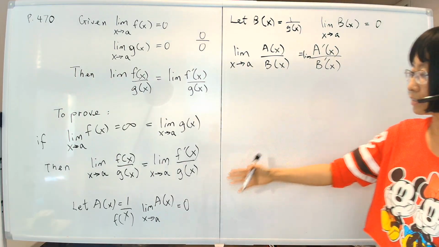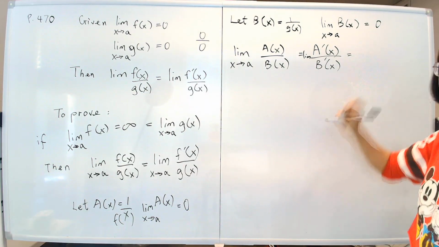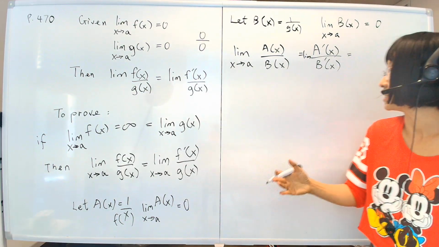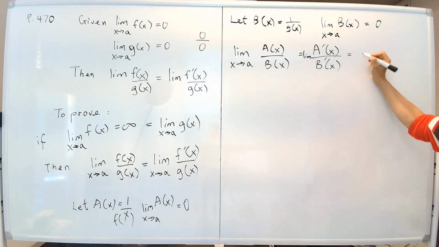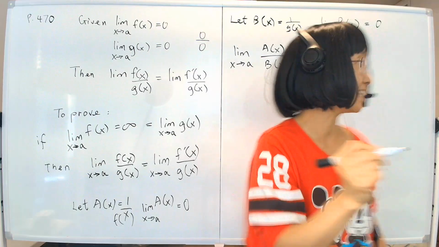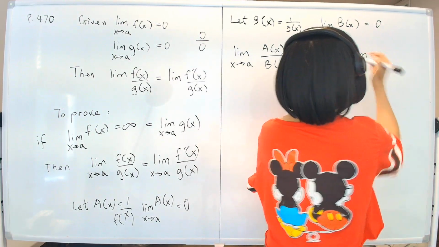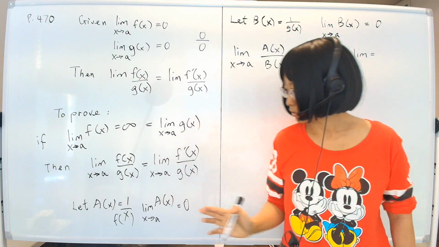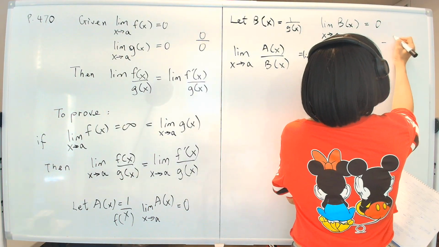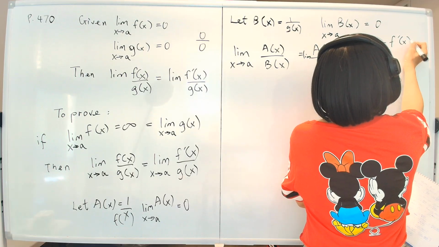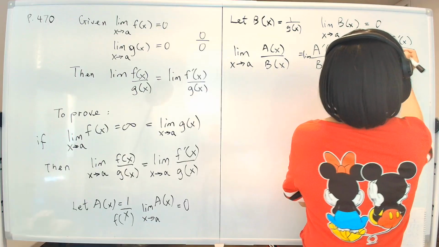Then we'll actually calculate it. a of x is 1 over f of x. I don't even remember what derivative rule it is, but we're just going to do it. So that equals the limit of, now a is 1 over f, so a prime would be minus f prime of x over f of x squared.